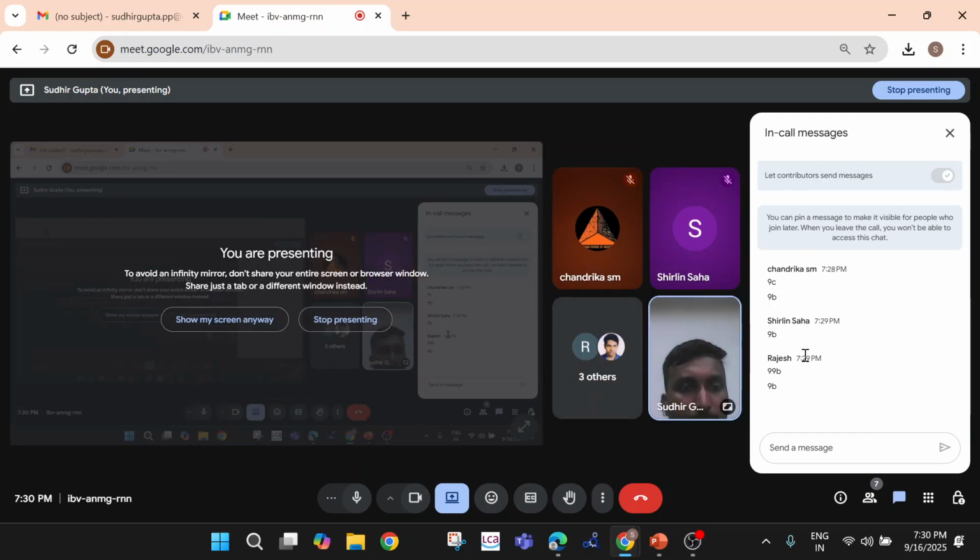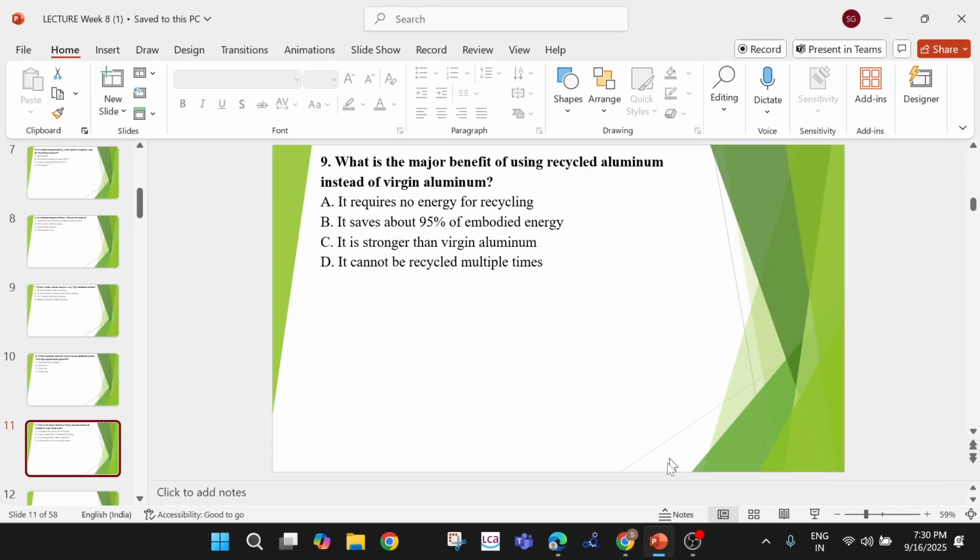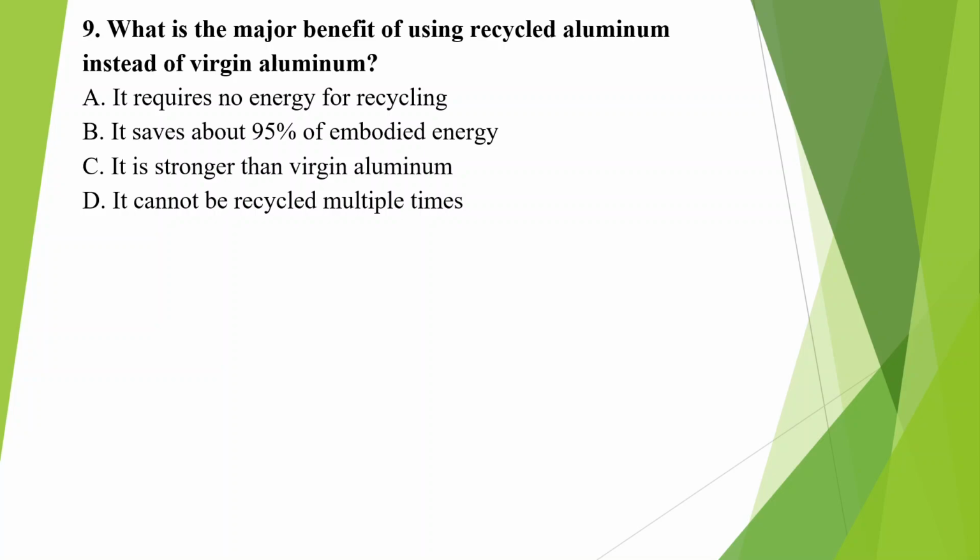B is the correct answer. Let me discuss whether you are correct or incorrect. It was asked to measure the benefit of using recycled aluminum instead of new or virgin aluminum.